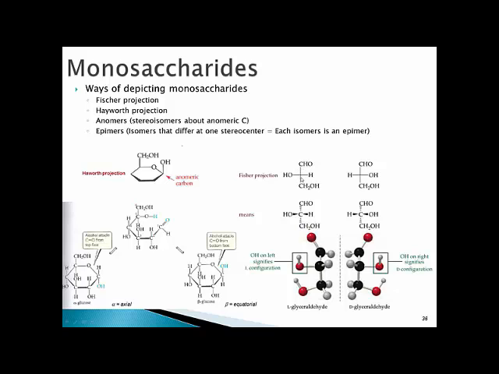You can have your Fischer projection, which is your flat projection like this, like we had on the previous slide. What that means is that these ones are going into the page and these ones are coming out of the page. So the Fischer projection means this. If we were to draw them with some models, we would have this structure here.